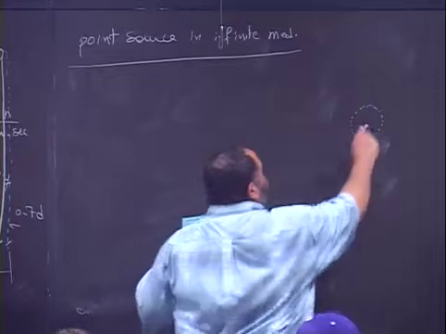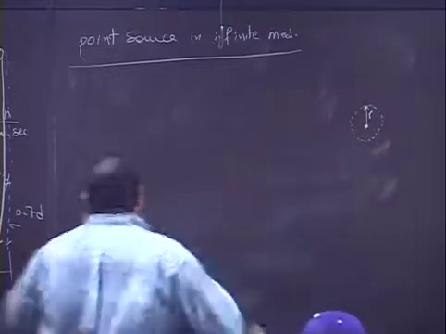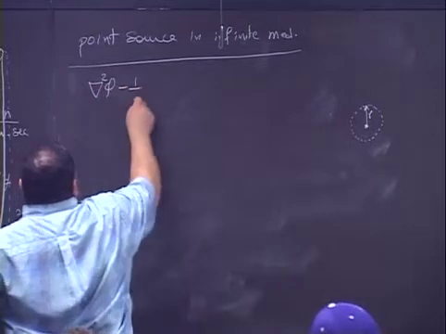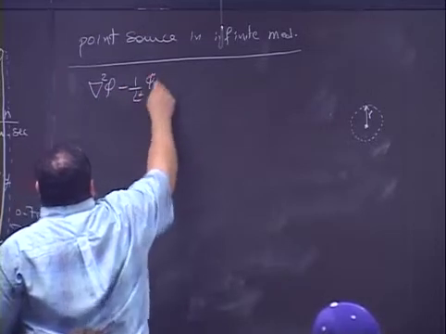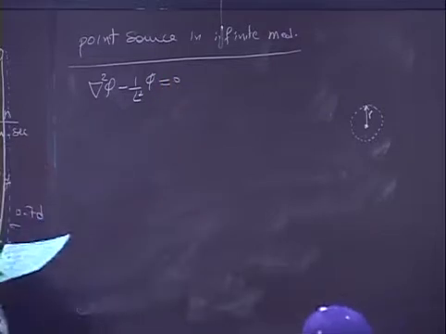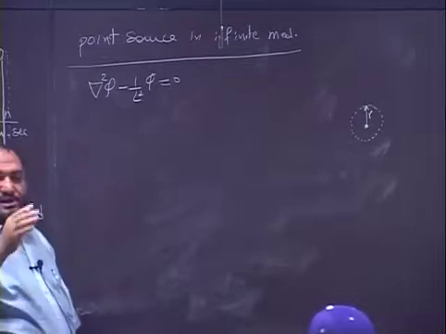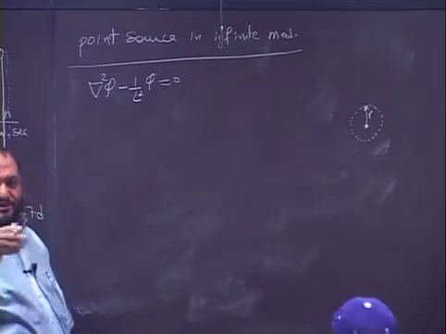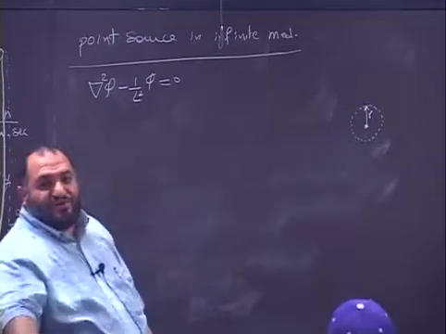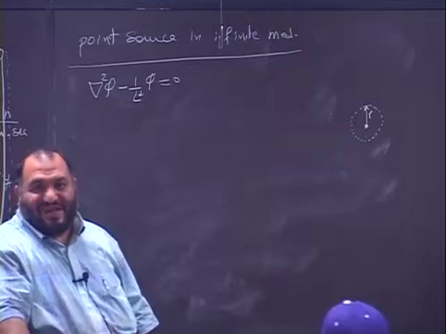So this will be what? R. Now, the equation that will be solved is nabla square minus 1 over L squared phi equal to 0. What's the expansion here? Last time we said 1 over R, d by dr, r d phi by dr. Again, here I will have 3 dimensions in spherical coordinates, r, theta, and phi.